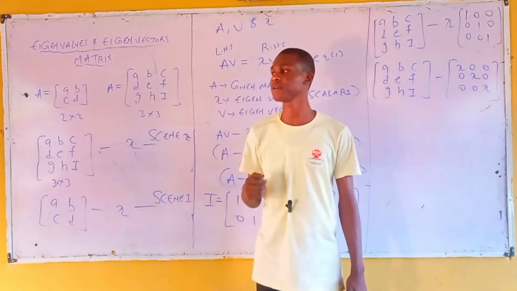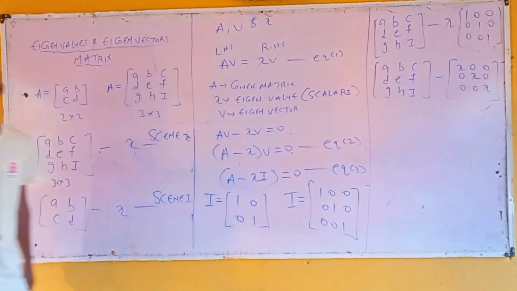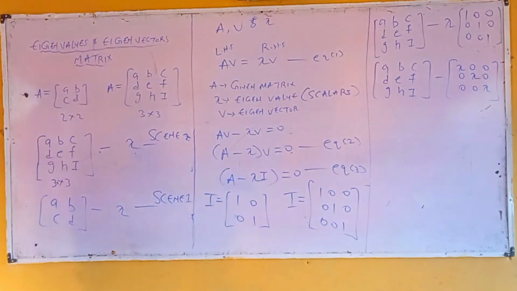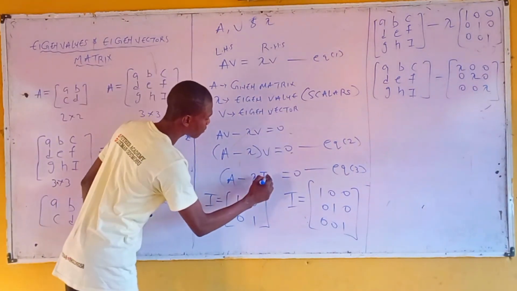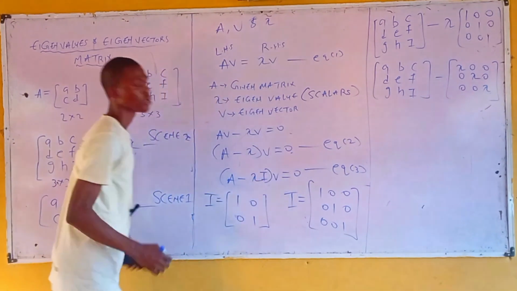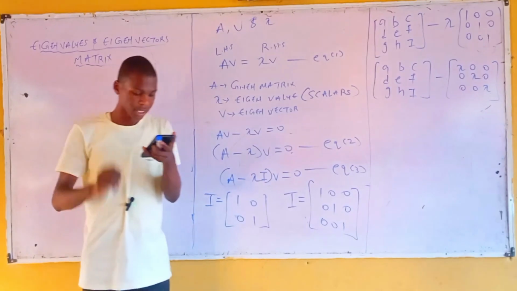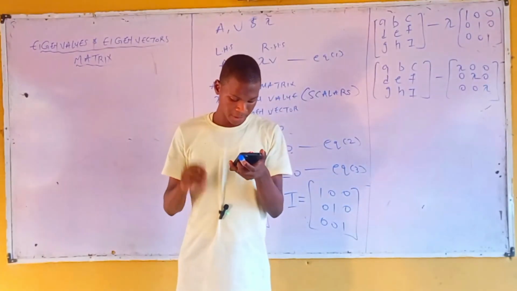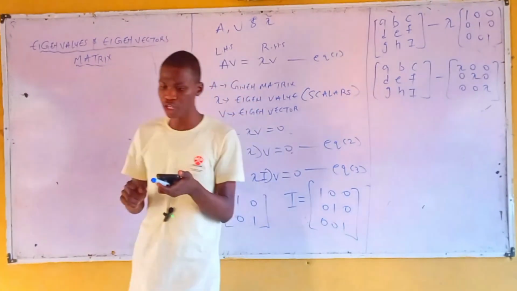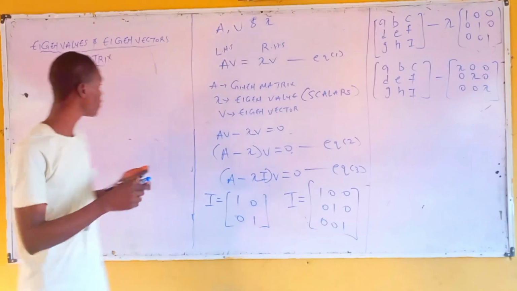Now let's take down our first example to see how it works. Alright, let's take down our first example. Find the eigenvalue and eigenvector of the given matrix.